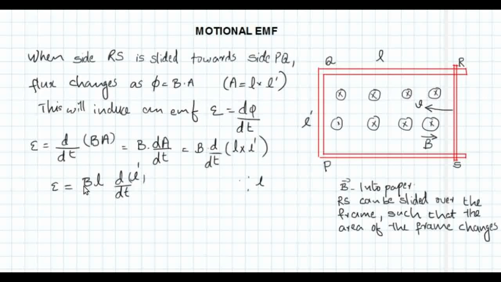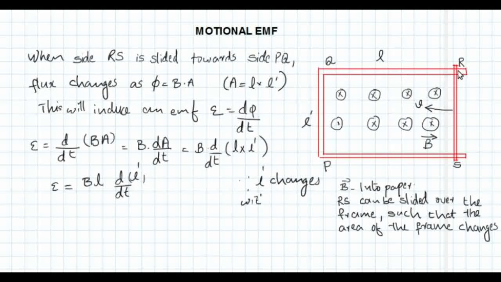Therefore, B into L into what is changing with respect to time is the length L dash, so d by dt of L dash. I repeat, for the side QR it should be L dash, and for the side PQ it should be L. Then with respect to time there is a change in L dash, therefore we can write E is equal to B L into dL dash by dt. So what is dL dash by dt? Change in distance with respect to time.